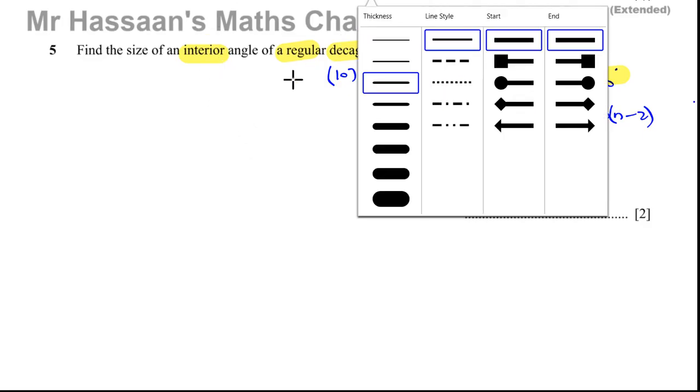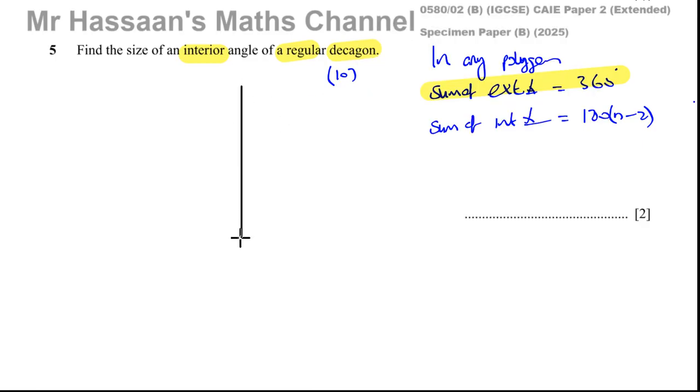One way is by using the exterior angles, which I much prefer, and the other way is by using the interior angles. So I know that, as we drew earlier, if you have the corner of a polygon, one corner, and this is the interior angle and this is the exterior angle, I know the size of this one exterior angle is 360 divided by the number of sides.